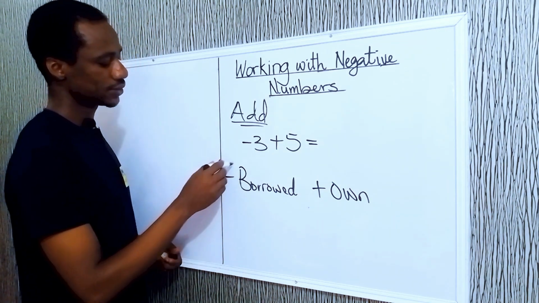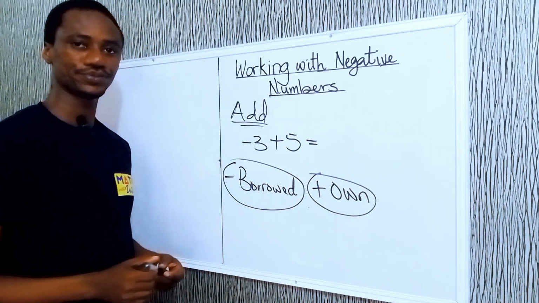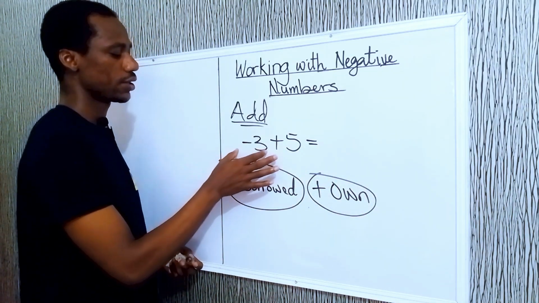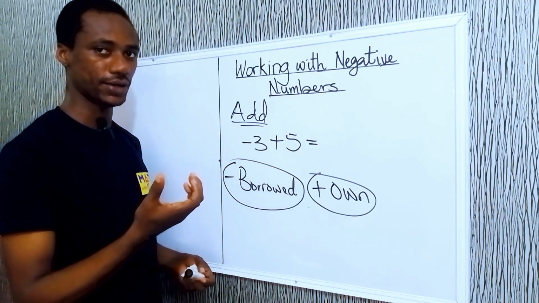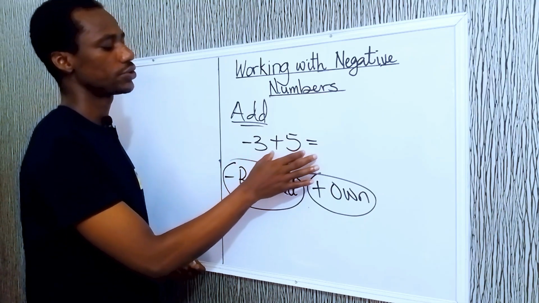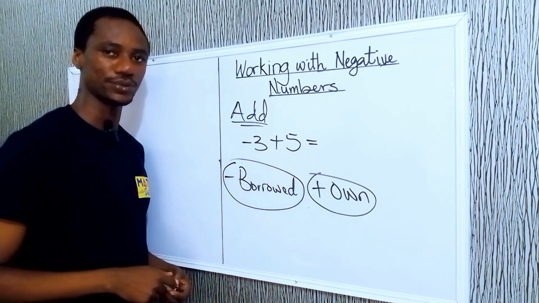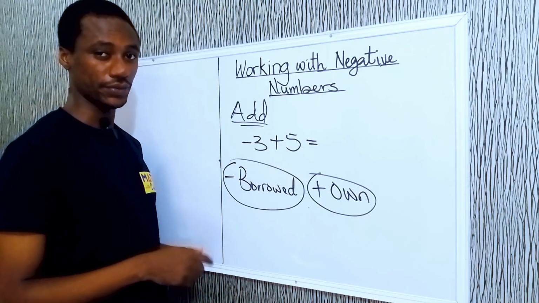So looking at negative 3 plus 5, we say we borrowed 3 pounds or 3 naira or 3 mangoes or 3 apples. Now you own 5 apples. Remember, you have to pay back.